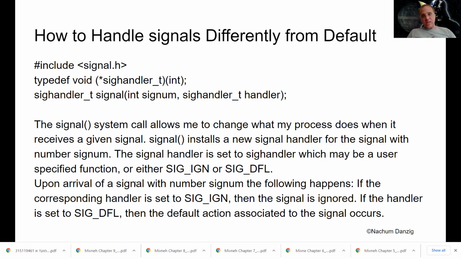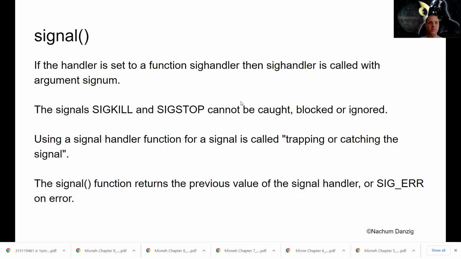If the corresponding handler is set to SIG_IGN, then the signal is ignored. If the handler is set to default, then the default action associated to the signal occurs. And if I gave it a handler, then it'll do the handler. If the handler is set to a function, sig handler, then the sig handler is called with the argument sig number.